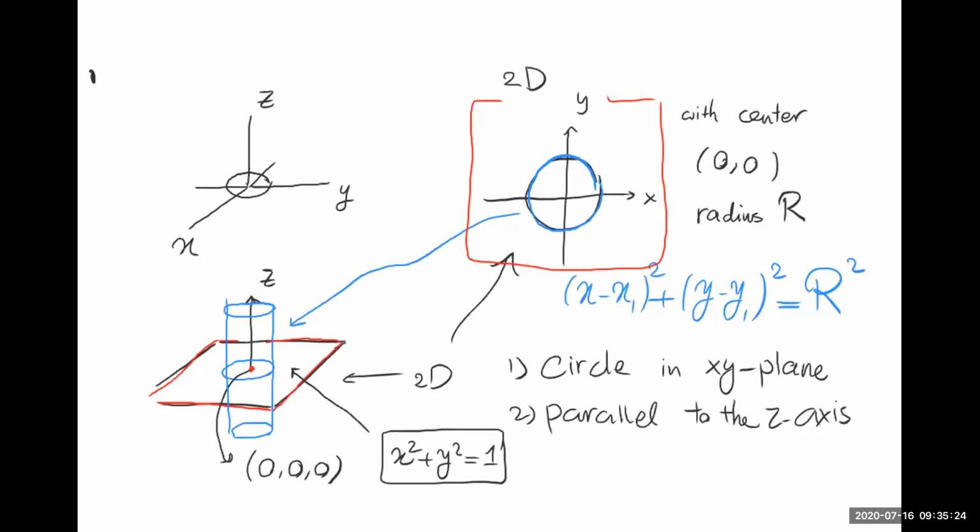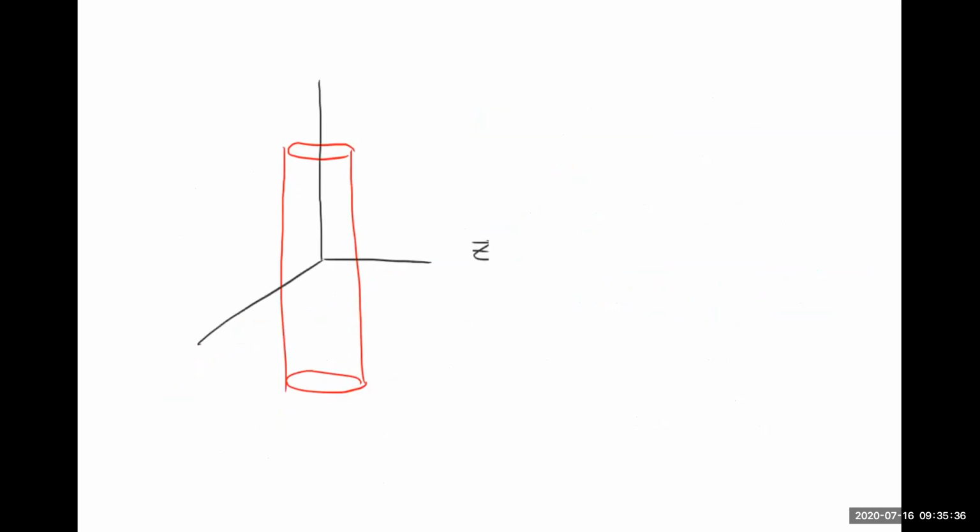So when z is 0, we see this circle, x squared plus y squared equals 1. When z is 1, what is the equation of the circle we see?